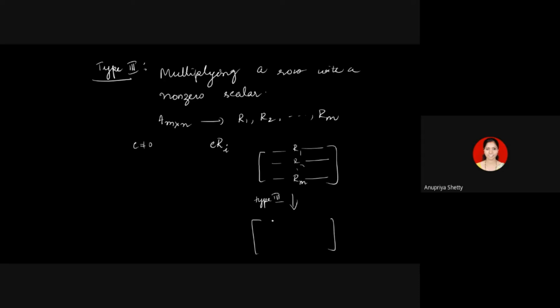The ith row will change. All the rest of the rows are the same. In the ith row, you will get cRi. That becomes the new row. So if I had taken the scalar 2, and initially the row Ri had the entries 1, 2, 3, after multiplying that row with the scalar 2, the new row will have the entries 2, 4, 6. The entire row is getting multiplied with that one single scalar.